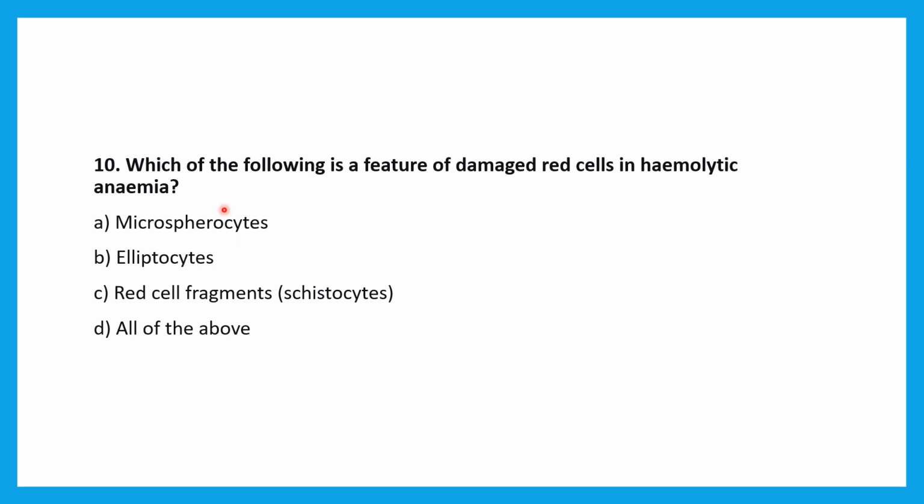let's now analyze. When you talk of microspherocytes, elliptocytes, and also red cell fragments, from your notes, from your slides, you might be able to spot them, or to note that there are some common features also. Why are we saying this?